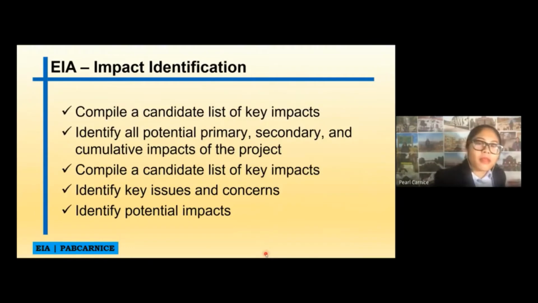All right. Also, the importance of impact identification is to compile a candidate list of key impacts and identify all potential primary, secondary, and cumulative impacts of the project. Later I will show you an example of this impact identification.